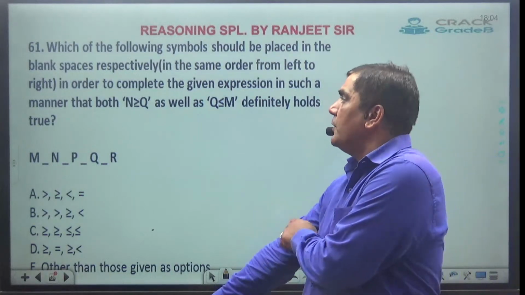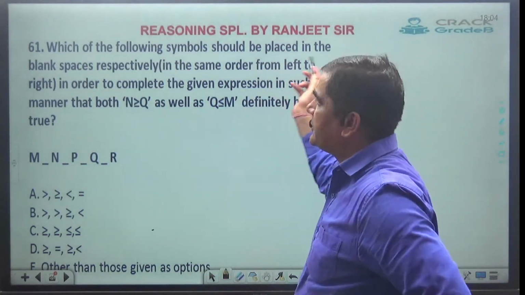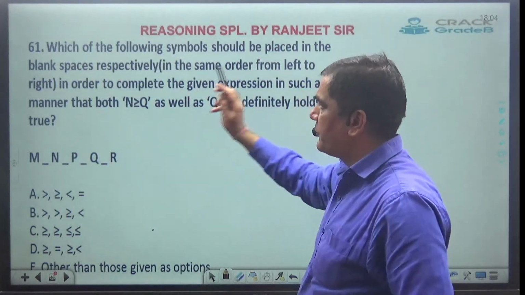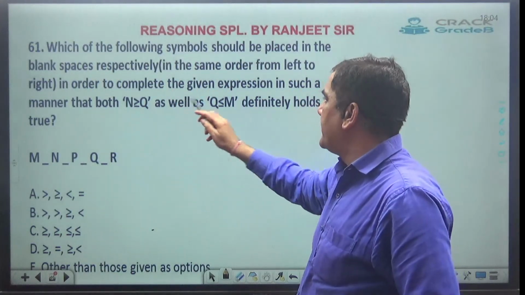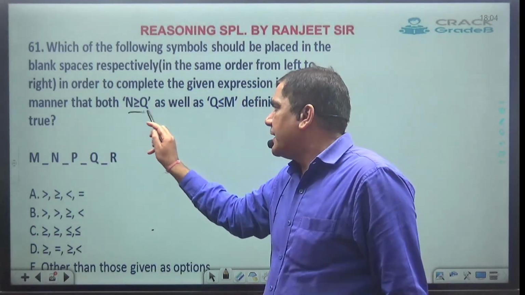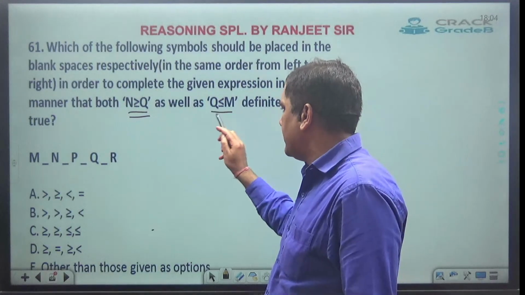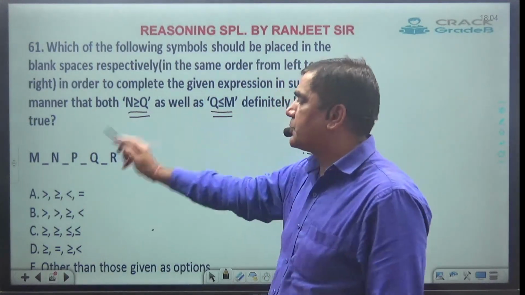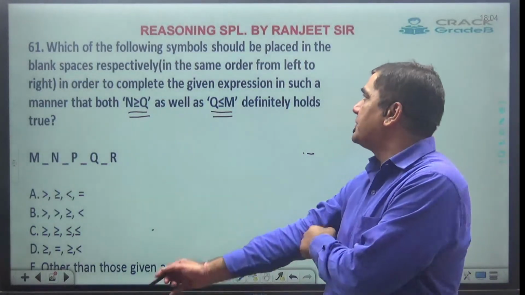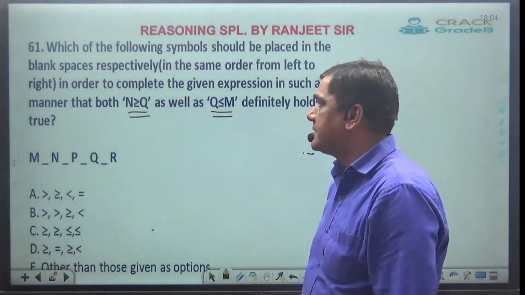Here they are saying, which of the following symbols should be placed in the blank spaces respectively, in the same order from left to right, in order to complete the given expressions in such a manner that both n greater than or equal to q and q less than or equal to m definitely hold true.